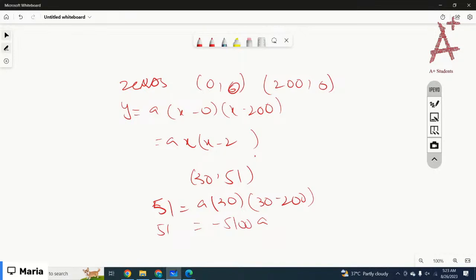Divide both sides by negative 5100, it would be a equals negative 0.01, right? So then the equation is y equals negative 0.01 x times x minus 200.